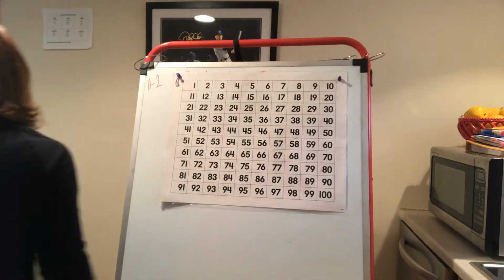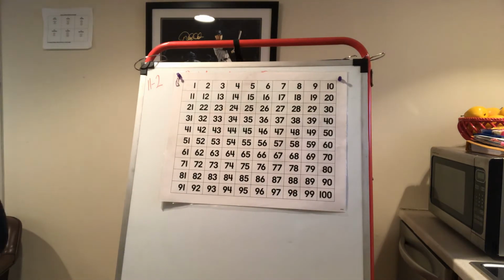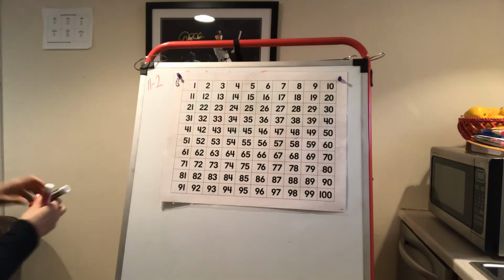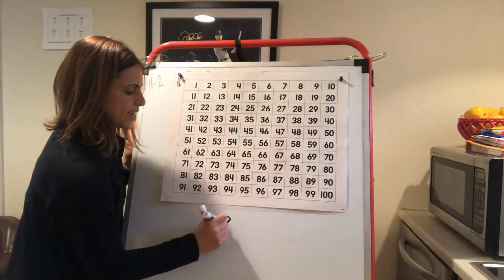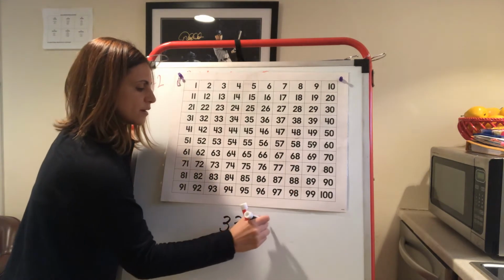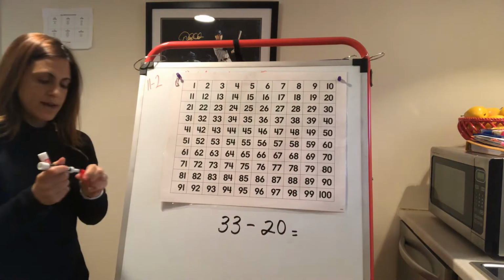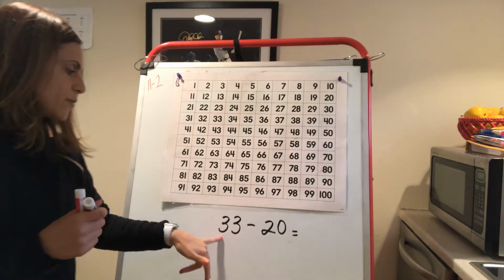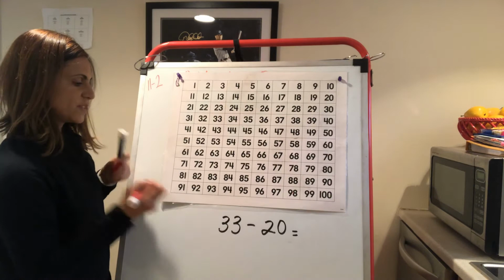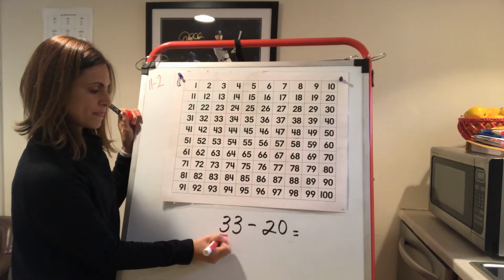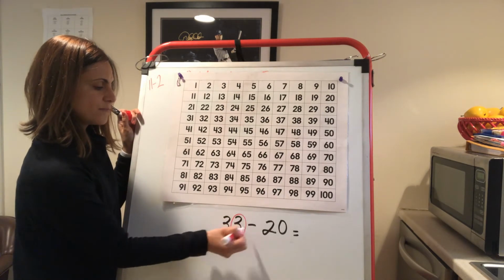Okay, let's try 33, take away 20. Okay, so for those of you who want to just go over the place value, in 33 there are 3 groups of 10 and 3 ones.